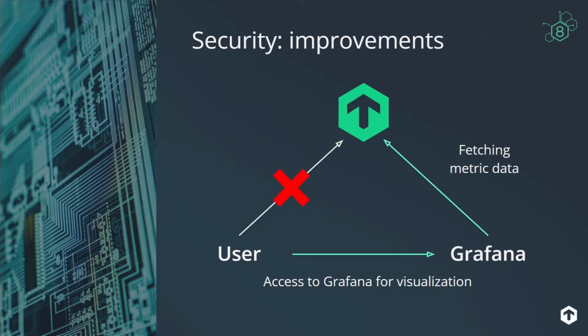By not doing that anymore, we gained two things. First of all, the performance improvement I already mentioned. But secondly, the user doesn't have to access the Checkmk directly anymore, and we are now able to hide the password, because this password had been sent over and over again to the Checkmk server.